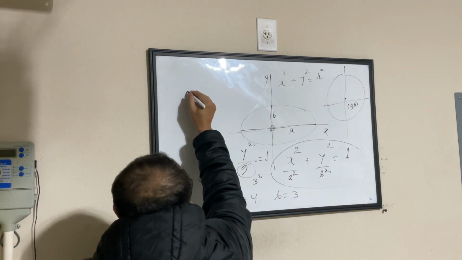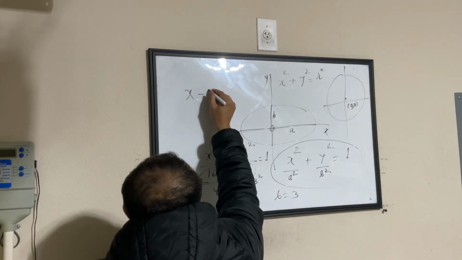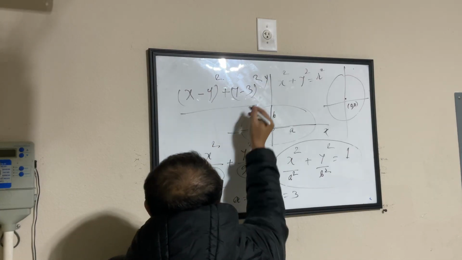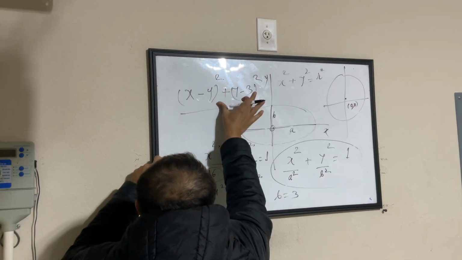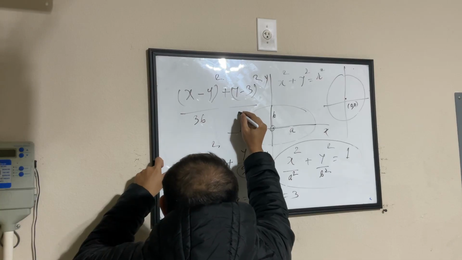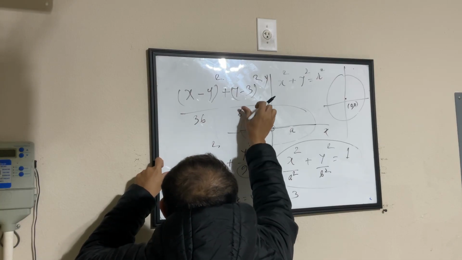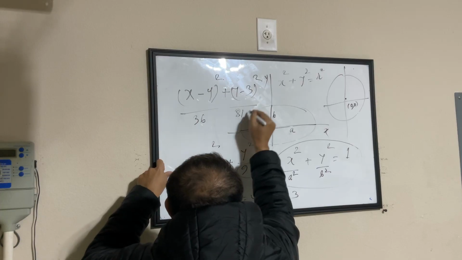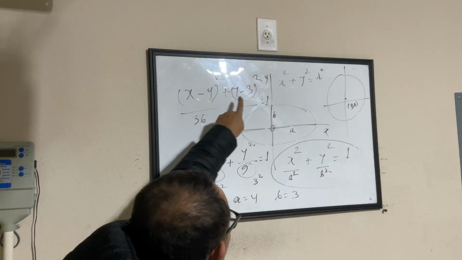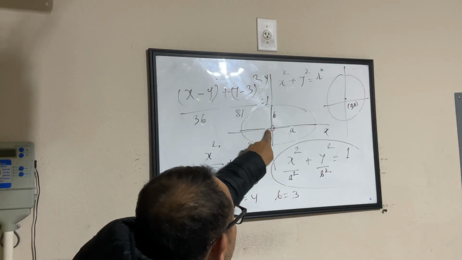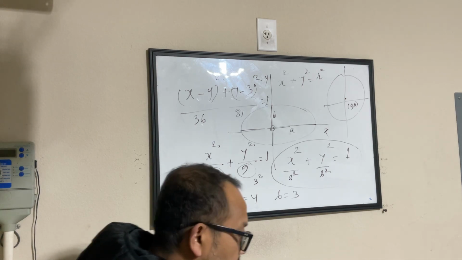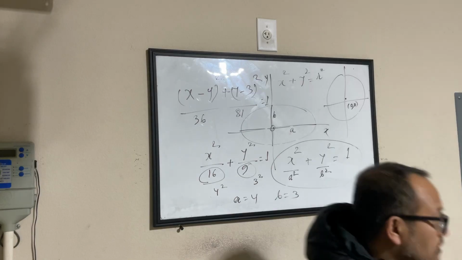And if you happen to see something like x minus 4 squared divided by 36 plus y minus 3 squared divided by 81 equal to 1, as soon as you see this, it gives you a clear indication that the center of this ellipse is not coinciding with the origin.